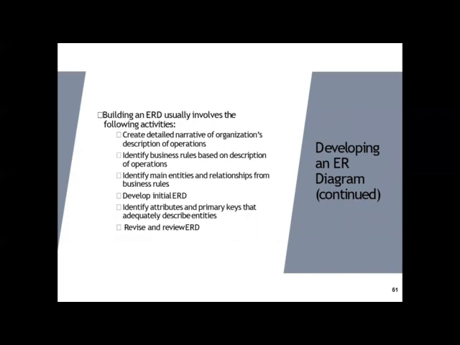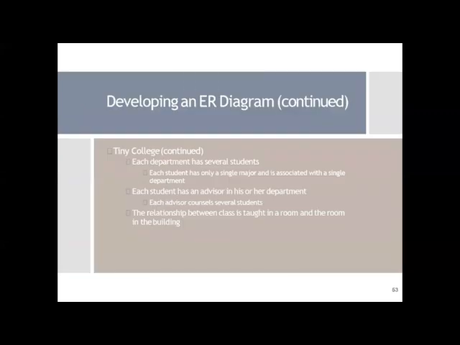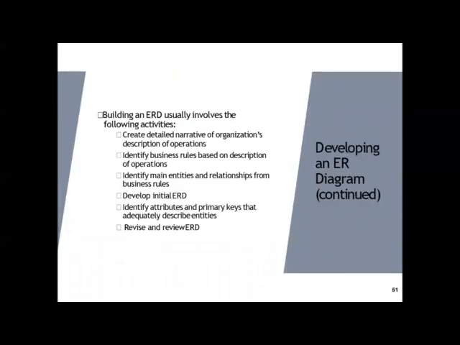Identify main entities and relationships from business rules. Develop the initial ER diagram. Identify attributes and primary keys that adequately describe entities. Revise and review the ER diagram.